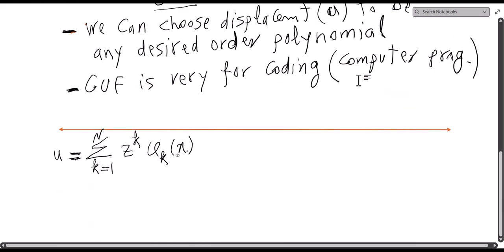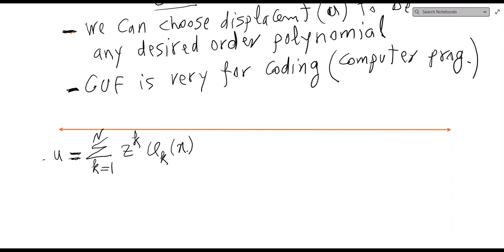So I write my u, which is also, I should mention that u is a function of x and z, which we call simply u. And it's clearly given here.